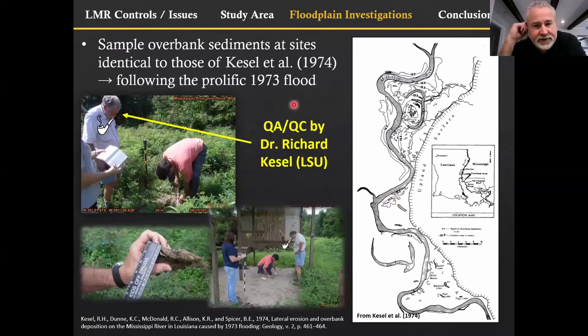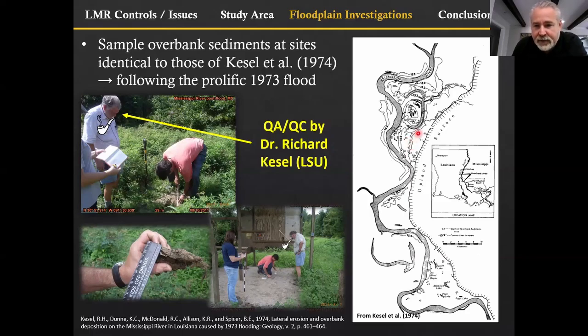So Dr. Richard Kessel in 1973 went out to the study areas that I've been referring to. And this followed an infamous 1973 flood that I pointed out a few slides ago. He went to a number of overbank locations in the floodplain and sampled the thickness of the deposits, and then took those samples back to the lab to analyze them for grain size.